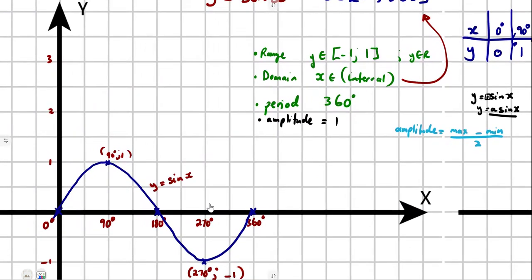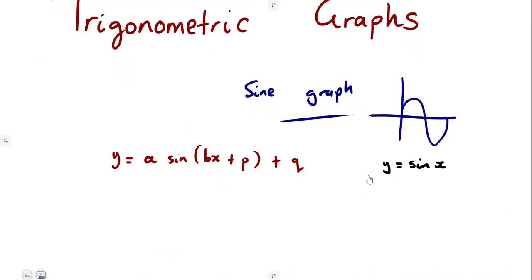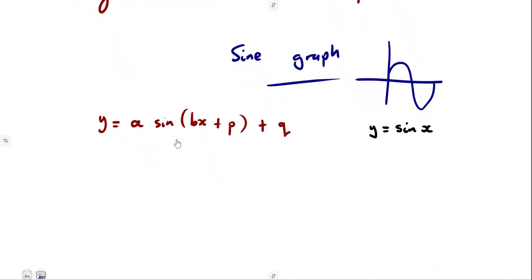So when we have this now as y is equal to a sine bx, there are effects to the graph. The a is its own effect. So the question is, what is that effect of a? So a in our case is going to affect the maximum and minimum values.